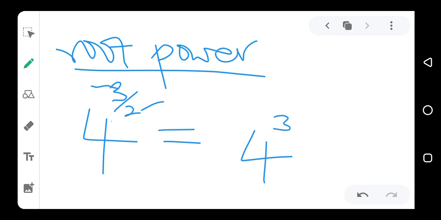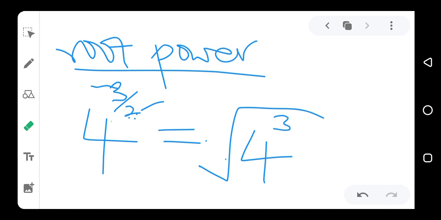Then we find the root of it. Now, if the root is 2, this is the square root, and when it is 2, we don't normally write anything here.